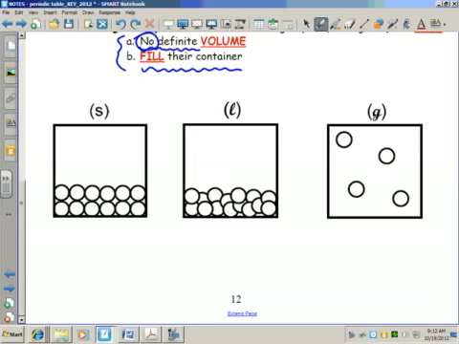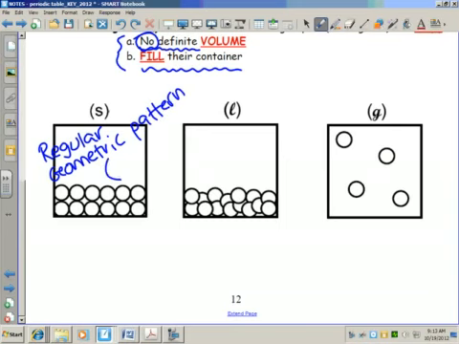And then these are particle diagrams for the 3 different phases. What you see here, and you'll see this on the Regents exam, solids have what's referred to as a regular geometric pattern.